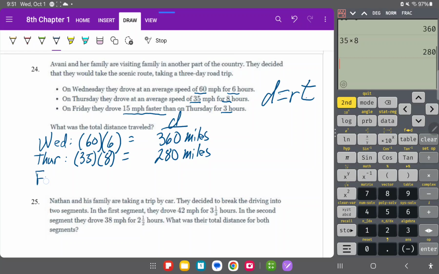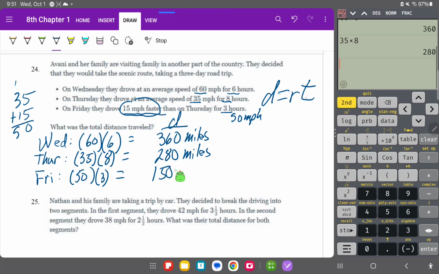Now, Friday, it says we went 15 miles per hour faster. So I'm going to take the 35 plus the 15, and that gives me 50. So on Friday, we went 50 miles per hour that day. So we're going to go 50 times 3 hours, and that's going to be 150 miles that day.